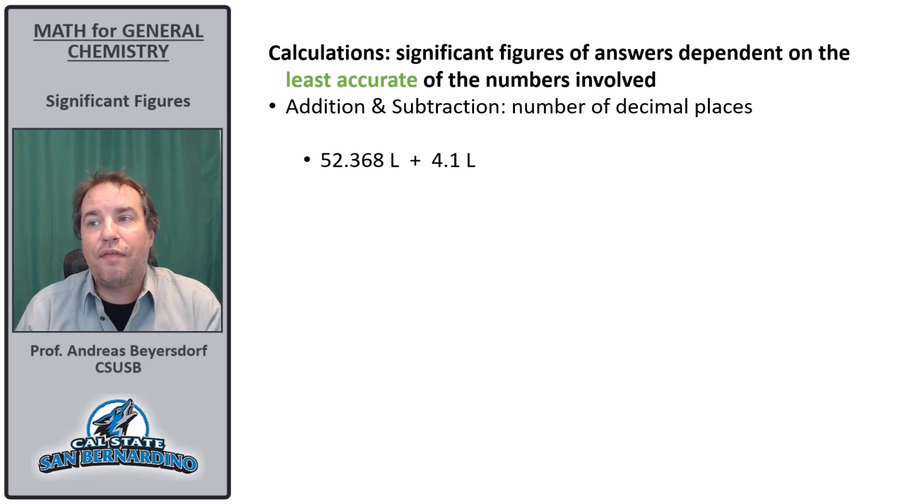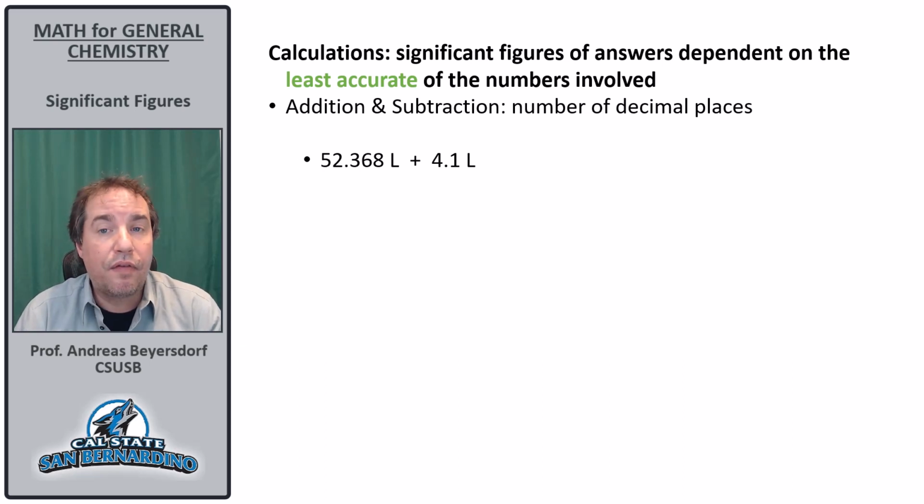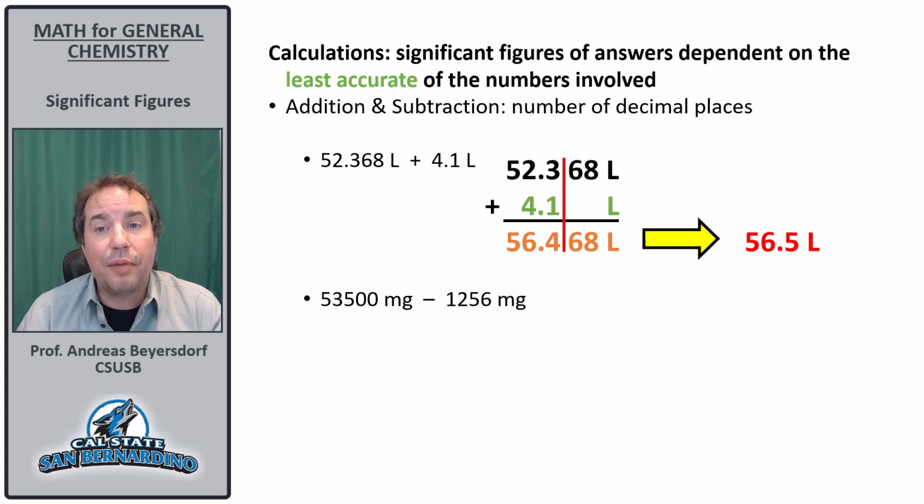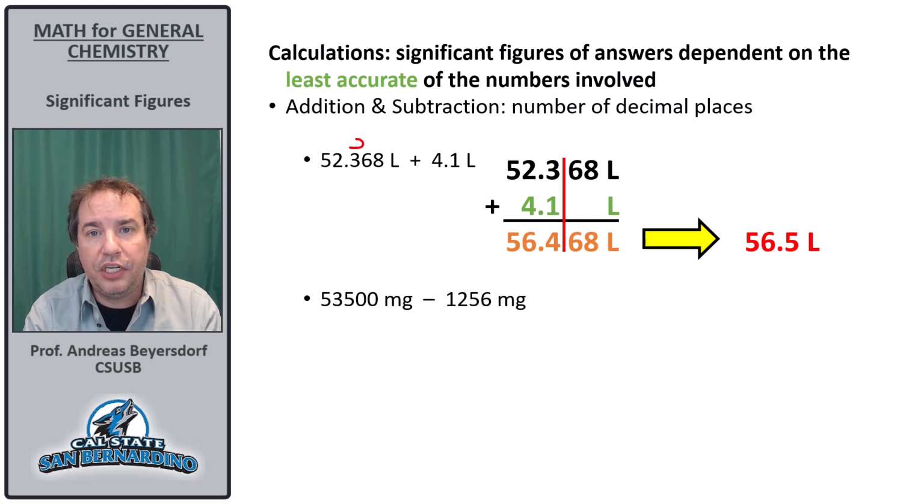So let's say we had 52.368 liters, and we're adding 4.1 liters. I could do this on my calculator, and I would get 56.468 liters. What I do is I look at these two values, and this one, 52.368, has 3 decimal places to the right of that decimal point.